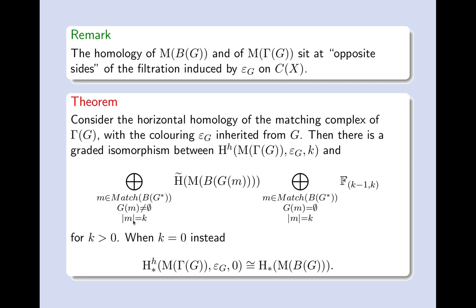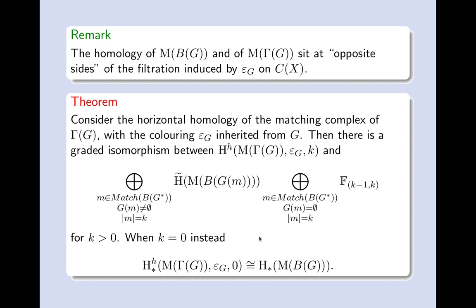And I forgot to say the matchings that we're considering in the dual need to have precisely k vertices to give us this coloring degree k. While the second summand here is given instead by all the matchings in the dual that are in some sense spanning, so they leave no edge in G untouched. And here, for each of these, we just get a copy of F in this bidegree. And this, of course, holds only for k greater than 0.